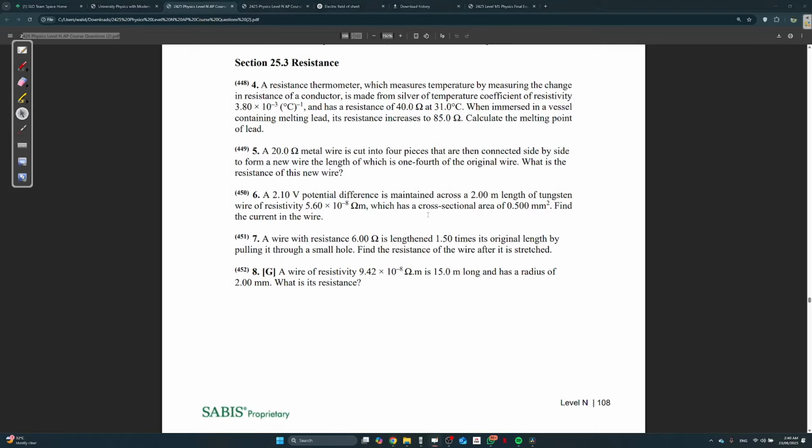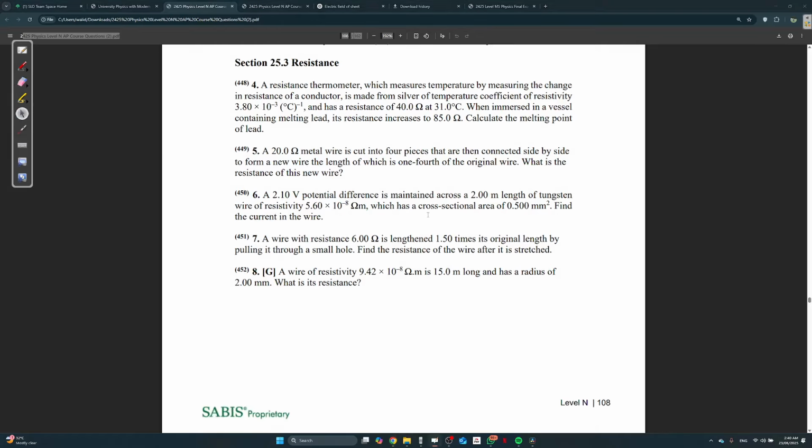When you have something over something, you take it up. So it becomes 1.5 squared times rho L over A. This is R2. We know that rho L over A is 6, so 6 times 1.5 squared. If you see this in your exam, just multiply directly by 1.5 squared. It will be easy. So 13.5.